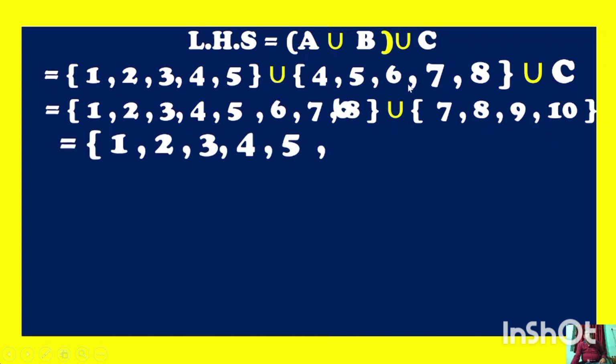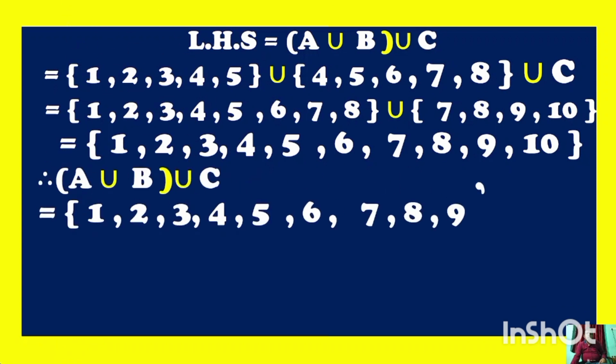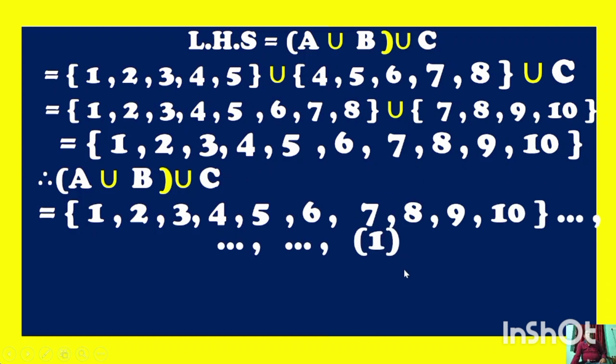After finding A union B, you get the resulting set, then you find its union with C, and you get (A union B) union C. First you find the union of A and B, then with the resulting set you find the union with set C. Understand?